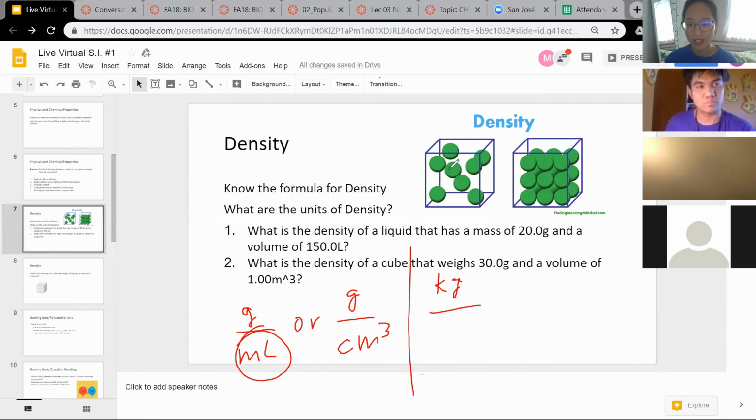And when you have 1,000 mL, that will leave us with liters. So you can't just have kilograms over mL. That would be incorrect. If you change one part of density, you have to also apply it to the bottom part of density. So hopefully that makes sense.